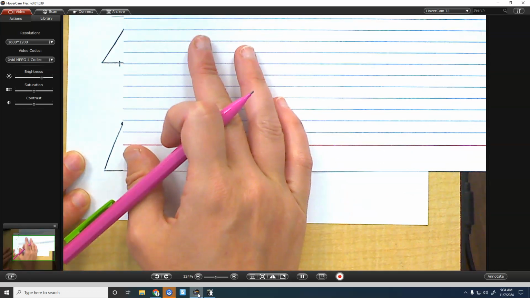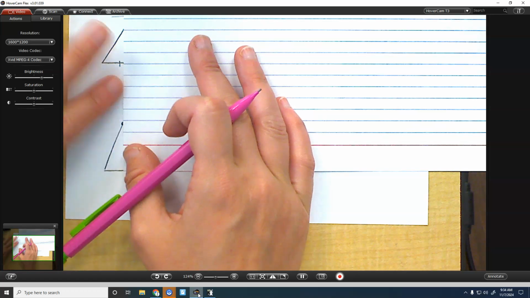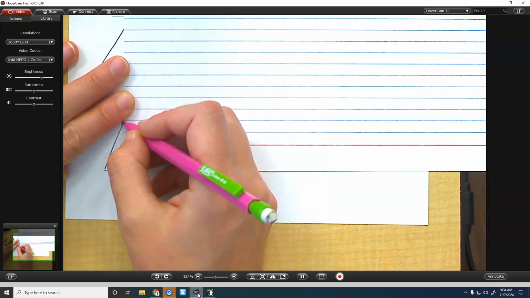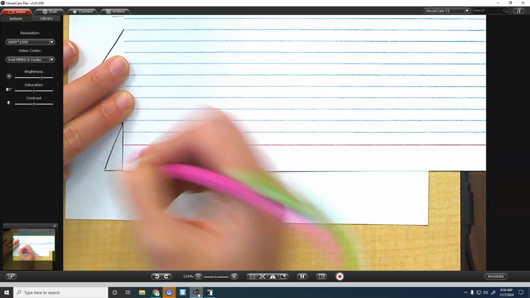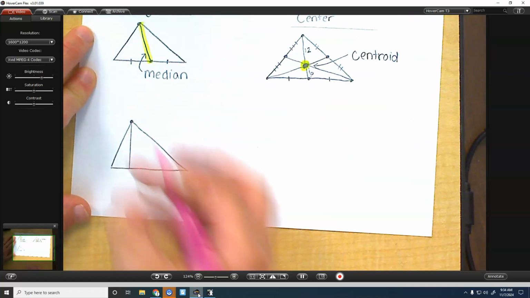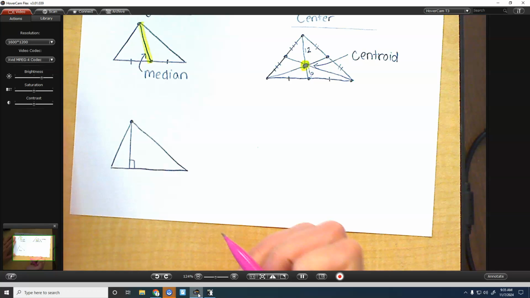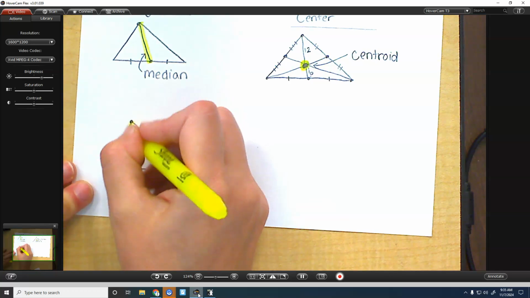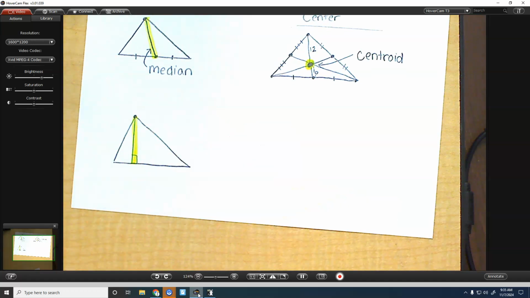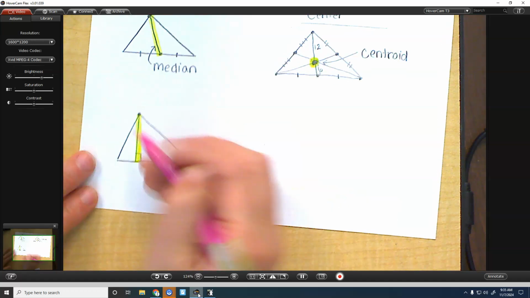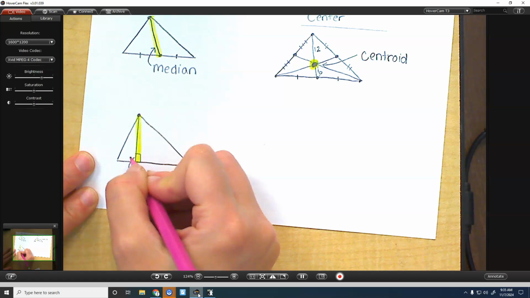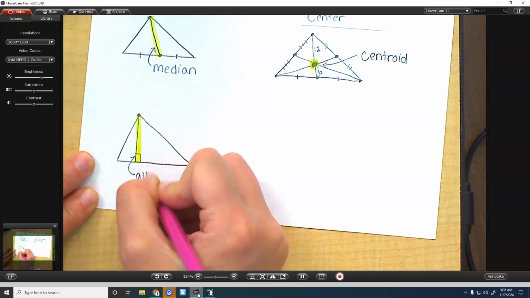If you want, you can use your other note card, and you want it just to be straight in the corner there, like that. And I'll give you a right angle right there. And so we're talking about this line right here. That is called your altitude.